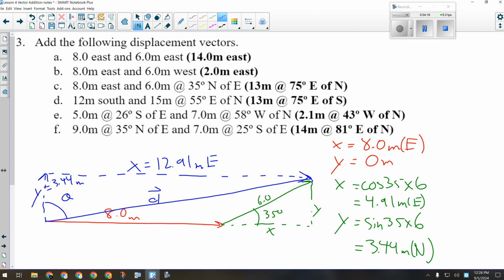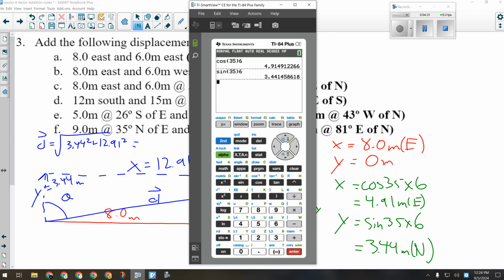So I've got the two sides of the big triangle, so Pythagorean theorem will get me the magnitude of d there, so that'll be the square root of the 3.44 squared plus 12.91 squared.